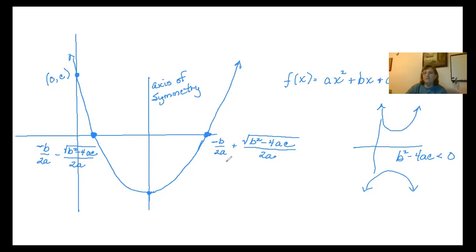Then I divide by 2 to get the average, and I end up with x equals negative b over 2a as the average of these two values.